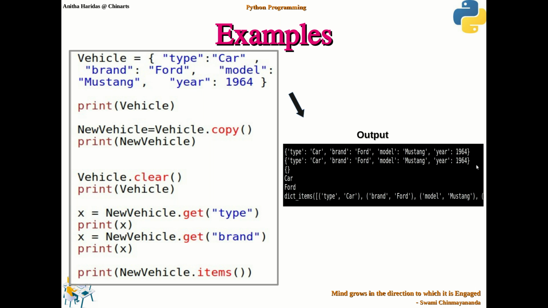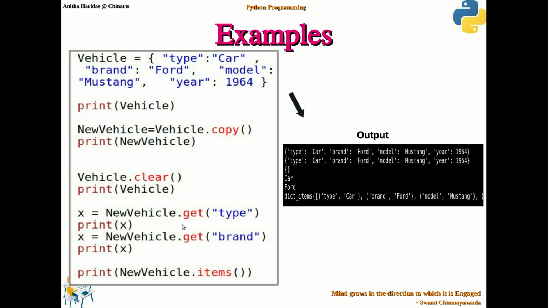So the same key value pairs are available here. Okay, I am clearing the vehicle, so obviously it removes all the items from the dictionary. After clearing, I tried printing vehicle. So it gives you no value, right? It is having a reference to a dictionary, but the dictionary is empty now.